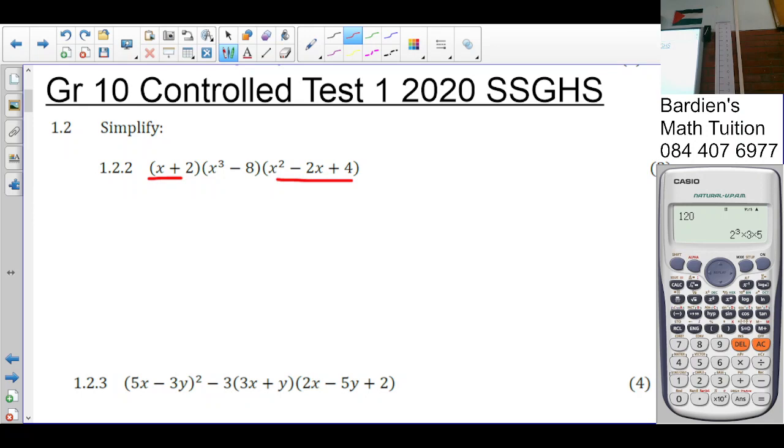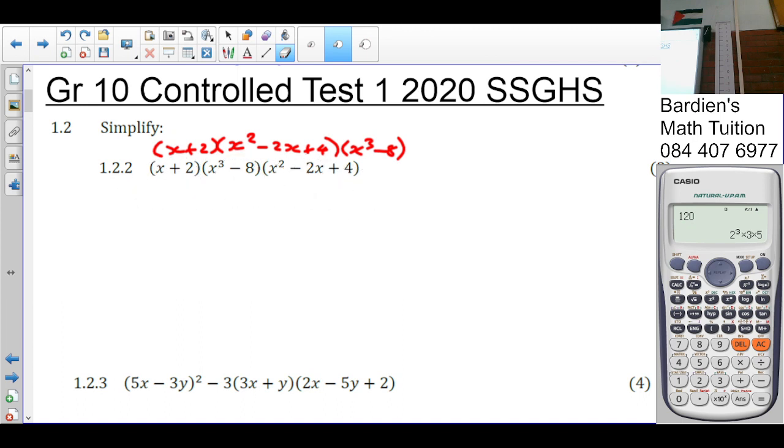So if I rearrange, it's going to be x plus 2 times x squared minus 2x plus 4 into x cubed minus 8. Some of you can see the link already: the first term is squared, the last term is squared, that is plus, that is minus. x times 2 is 2x. So that is the result of the sum of cubes there.